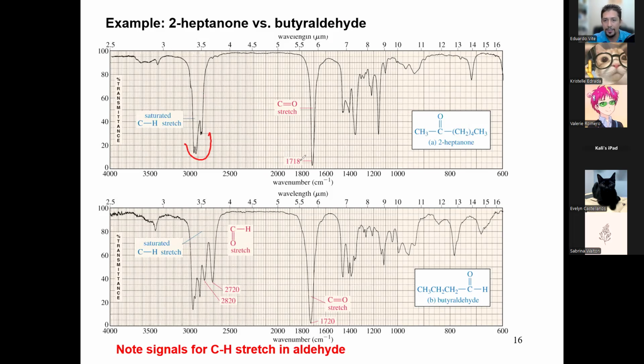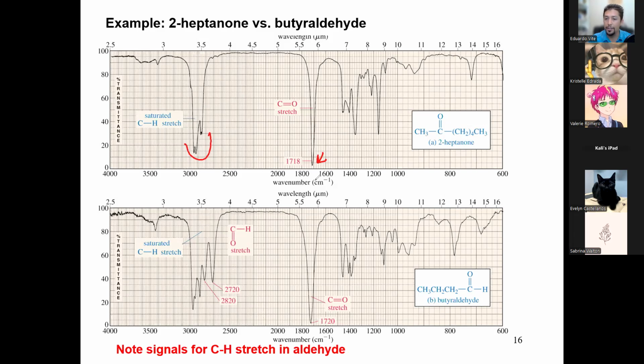Let's see. At 1718, we have a very strong, sharp peak. You see that? Right over here. Very strong, sharp peak. The transmittance is almost zero. It almost touches the floor, the x-axis. This is what a carbonyl stretch looks like. Very iconic.